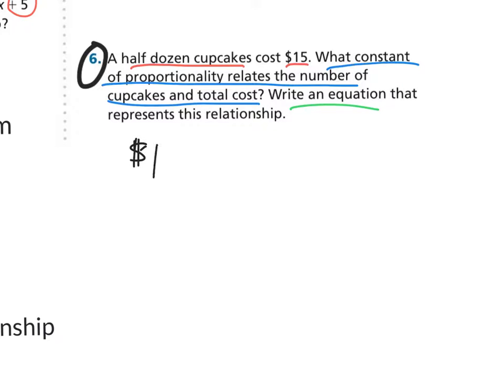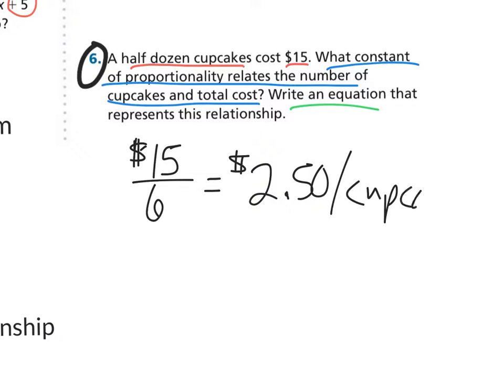So we want to figure out how much it costs per cupcake. So we'll do $15. A half dozen would be 6. So $15 for 6 cupcakes. And then if you divide that out, it's going to be 2.5 or $2.50 per cupcake.